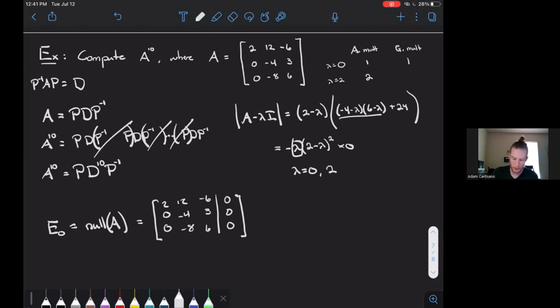Okay, here we go. We're just going to row reduce the matrix real quick. So divide through by -4. 1 and -3/4.